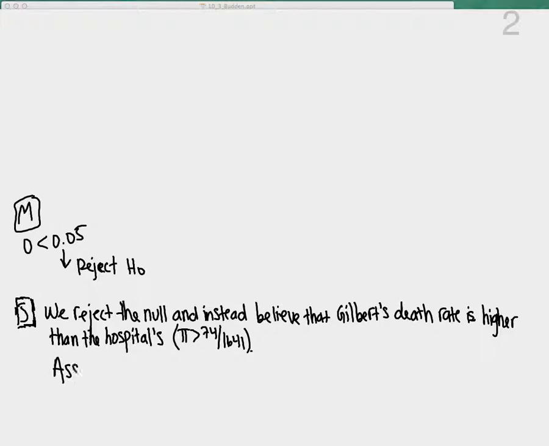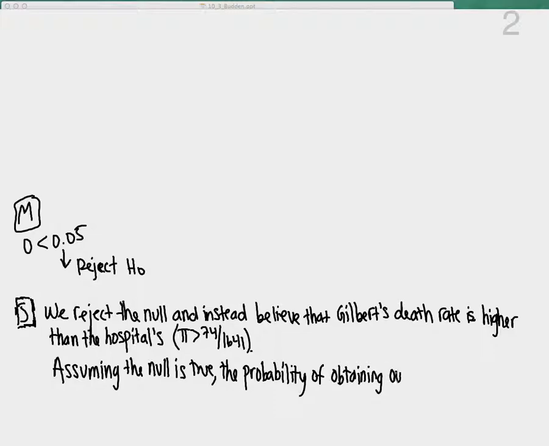So the 0 means assuming the null is true, the probability of obtaining our sample statistic or one more extreme, is approximately 0.